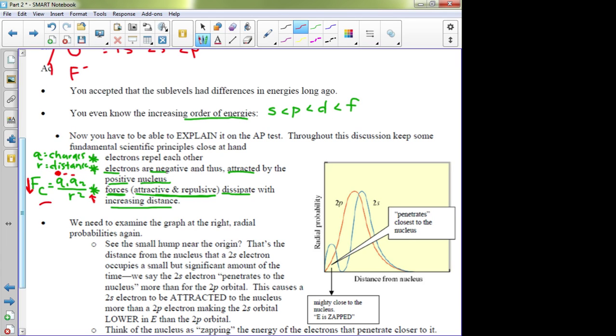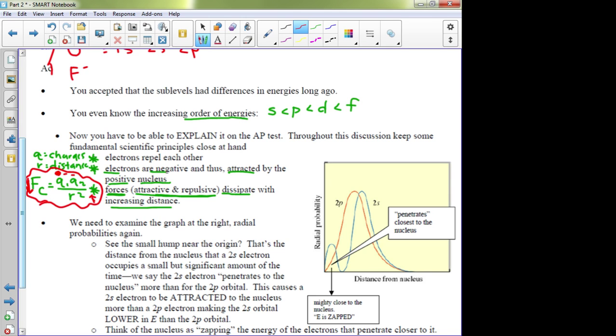They like this equation on the AP exam to talk about attractive and repulsive forces. There is a question on the practice sheet that you're going to do Thursday that gives you the equation and asks you to explain what's happening using it.